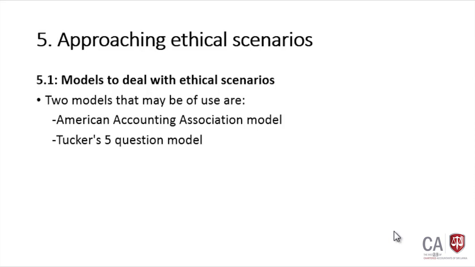There are two popular models we can use for that. One is the American Accounting Association model, very famous, the AAA model. Then Tucker's 5 question model. So we will look at each model.